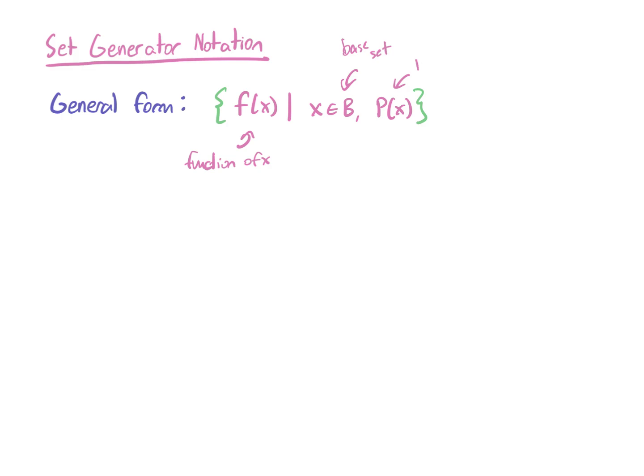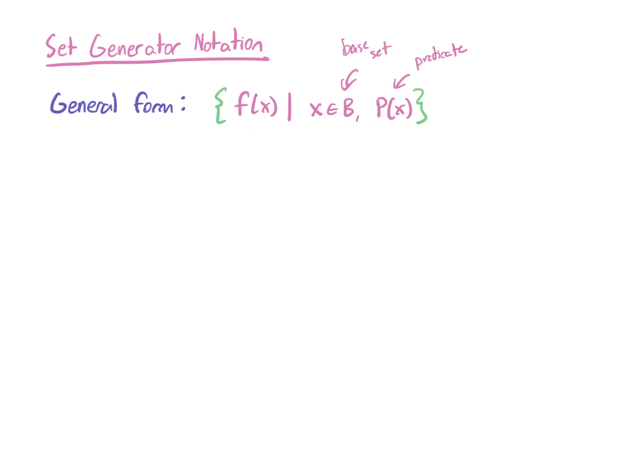And I have my predicate. So now I have three elements, and the new one here is this function of x. This can be any function of x that I want it to be, and it's going to be applied to every element of the base set that satisfies the predicate.